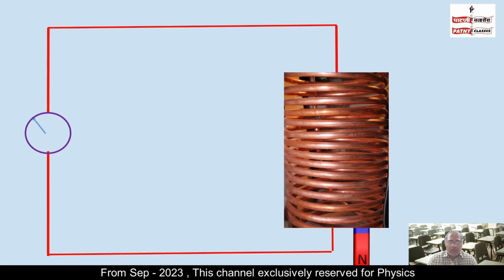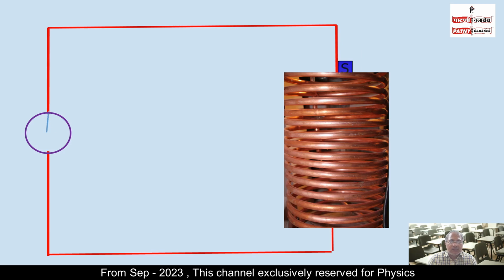Only the magnet is moving to and fro inside the given coil. Even then the galvanometer shows a reading. So there must be some voltage developed in the coil when the magnet is in to and fro motion.